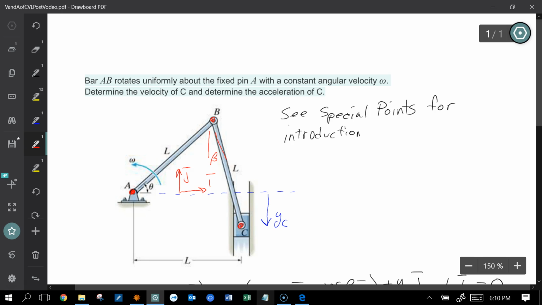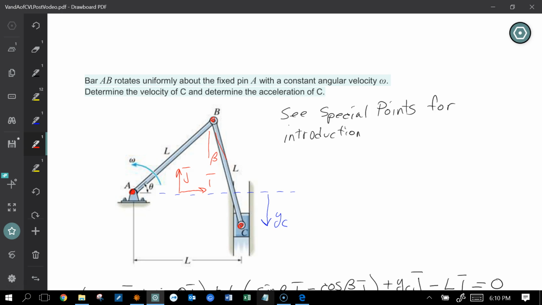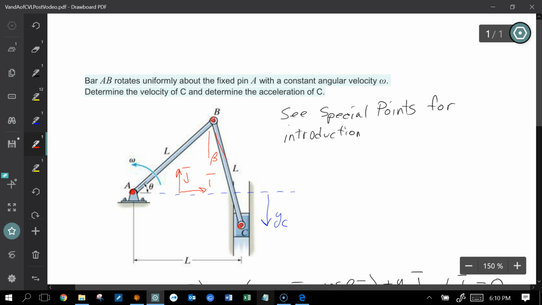One of the things you have to be careful of is to make sure you know all of the things that are changing. If they're changing, definitely, always define a variable to identify where they are in position. For example, I have a link AB.